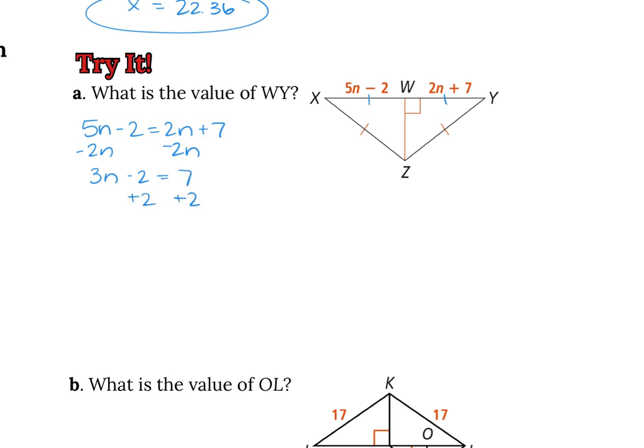Add our 2, and then divide by 3. We need to plug in our value for WY, which WY is 2N, and we found to be 3 plus 7.